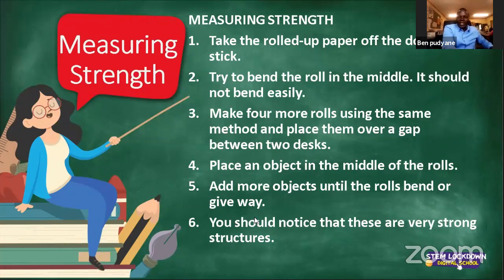So the same method I can use and make 4 more rolls using the same stick and the same methods and roll 4 of them, but I'm only going to roll the second one because of time. I cannot roll many of them. As I'm rolling them, I can make sure that it is straight.